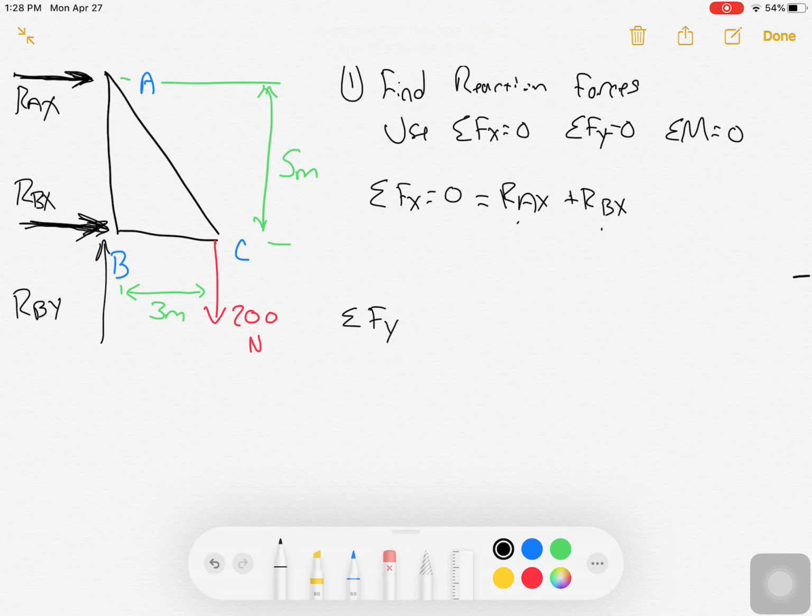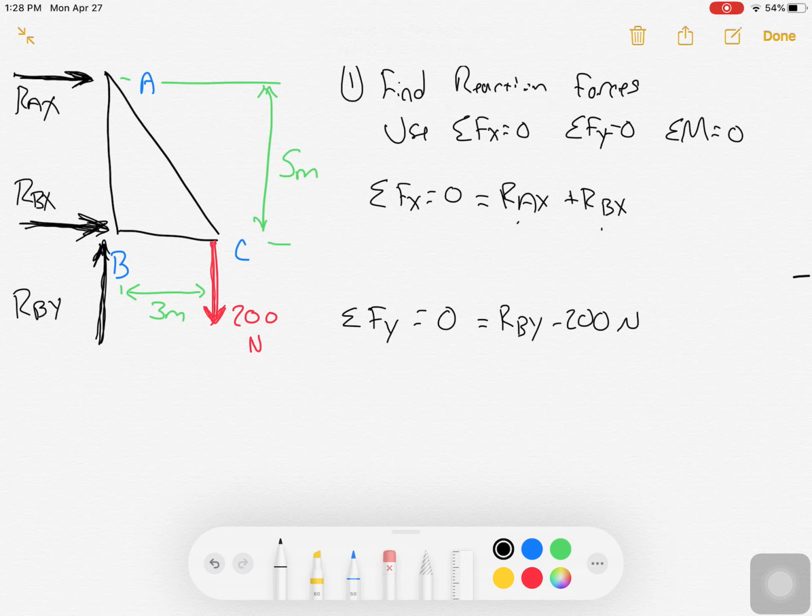Sum of forces in the Y direction equals 0. Now in the Y direction, I have a couple of forces. I have this one right here. This is RBY, and it's pointing up, so we'll make it positive. And I have the 200 newtons going down, so we will make that negative, so minus 200 newtons.